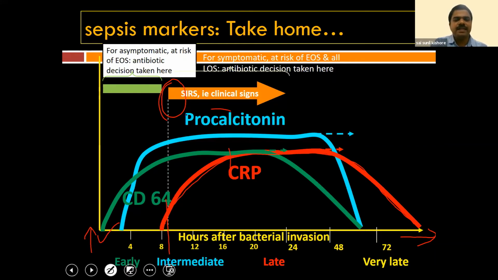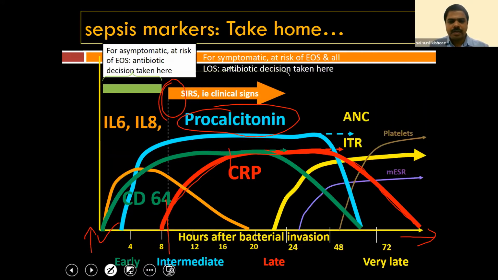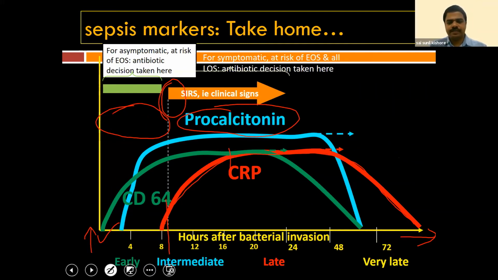Whereas for PCT, the rise will be much earlier after endotoxemia. And you have other parameters like the cytokines, interleukin 6 and 8, which will start quite early. So this is the timeline for different sepsis parameters.